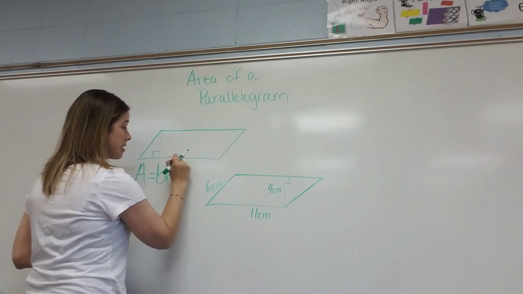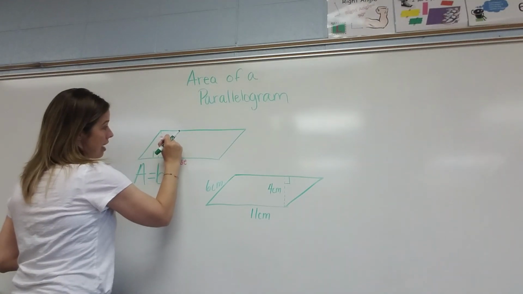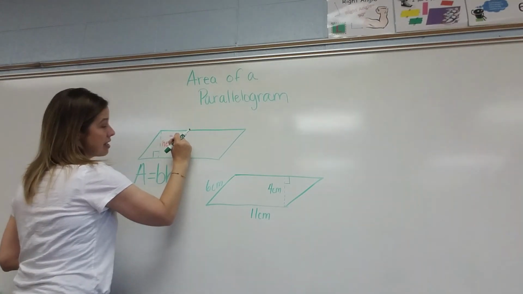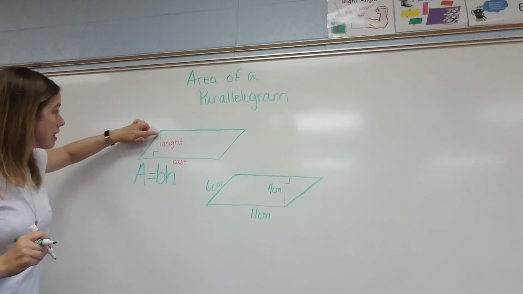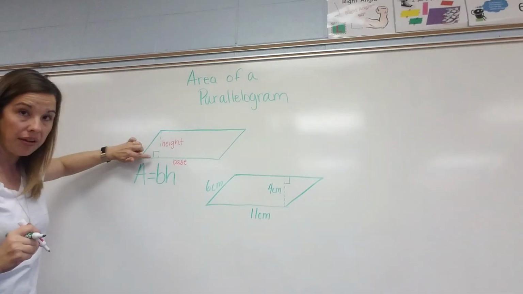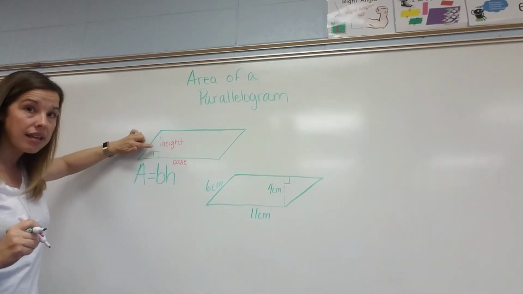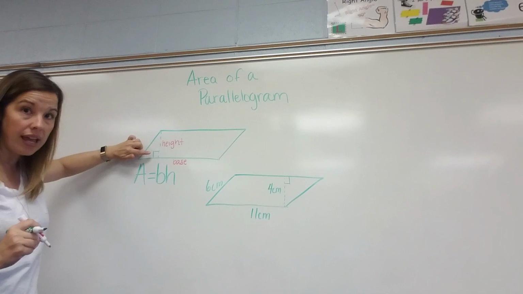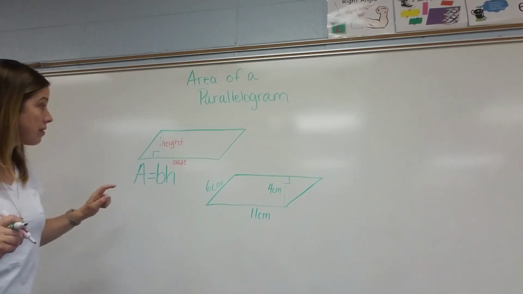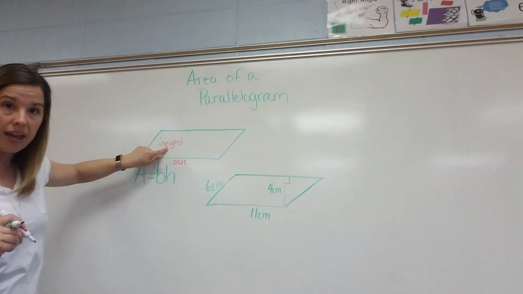So your base is the bottom or the top, and your height, if you look, is this dotted line inside the parallelogram because it intersects the base at a 90-degree angle. Okay, so the height, just like a triangle, the height has to intersect the base at a 90-degree angle. Okay, so to find the area, you would take your base times your height.